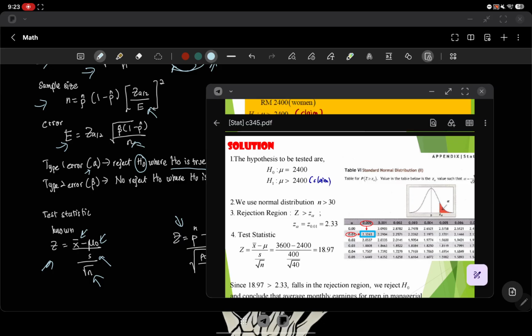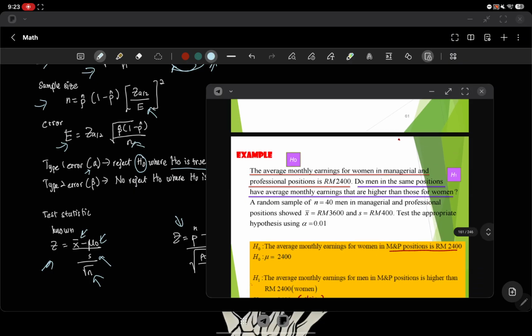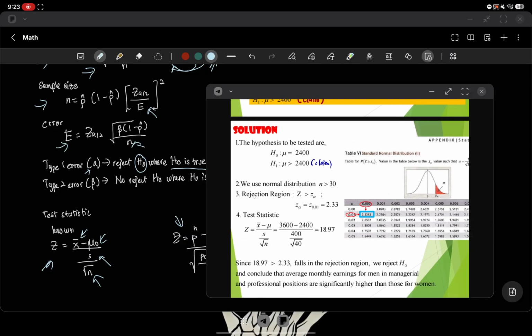Now we'll get 18.97. For the 0.01, it shows that we need to find it. So we'll take 99% and we'll get 2.33. So 18.97 is more than 2.33, so we reject.